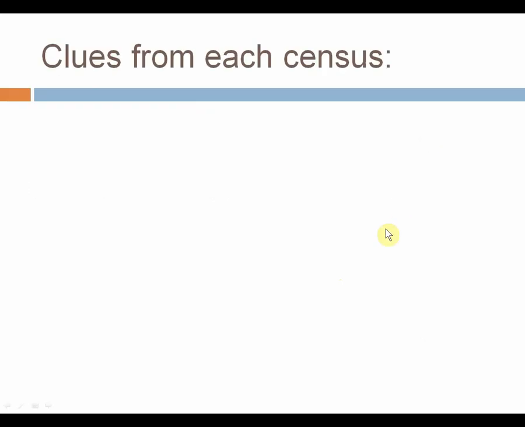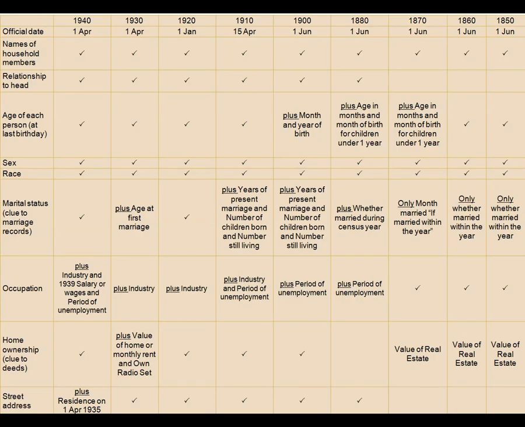Every census, I mentioned this earlier, every census has uniquely valuable information. And I've created this chart to remind myself of what unique pieces of information are available in each of the different censuses. Like the 1900 census lists the month and year of birth.